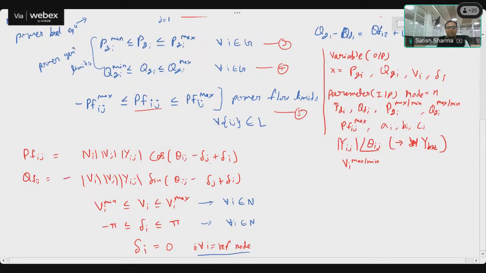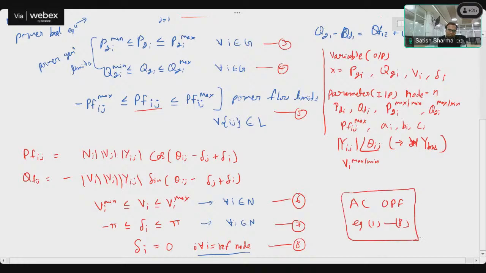So I will not mark them as equations because I don't need PFij and QFij in my formulation. Then equation numbers 6, 7, and 8. These equations give the model of ACOPF. Equation number 1 to equation number 8: this is my ACOPF model.